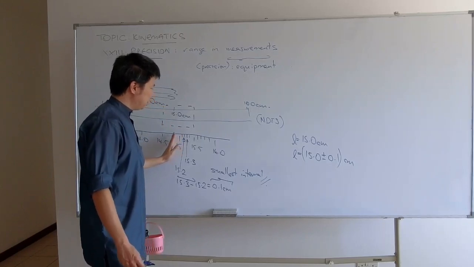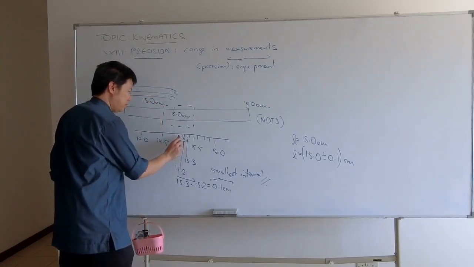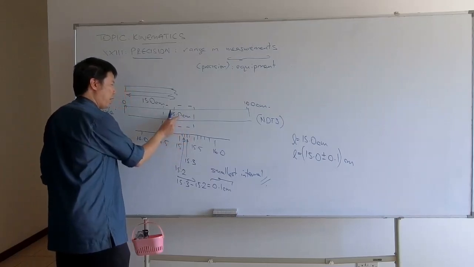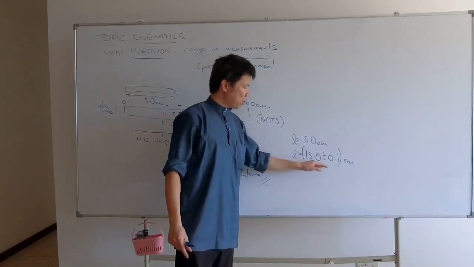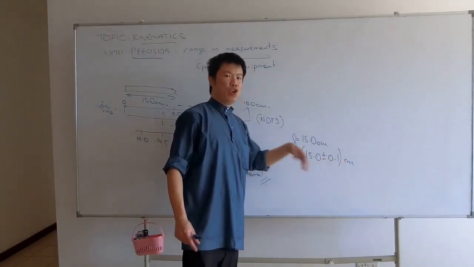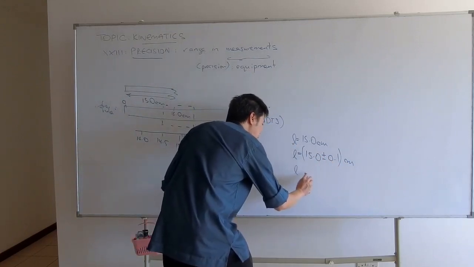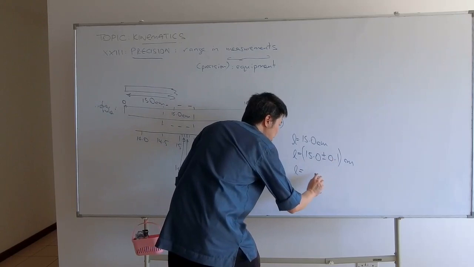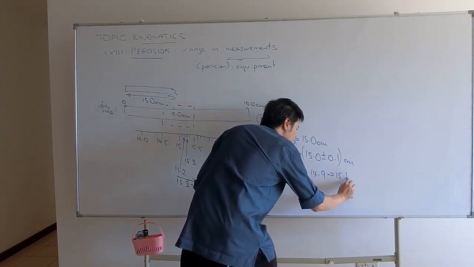If we use this device here, it means that there is a small uncertainty, a small range in where this value is. So what does 15.0 plus minus 0.1 centimeter mean in normal words? It actually means that the length of your cloth is between 14.9 to 15.1.